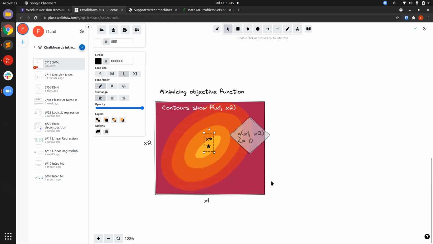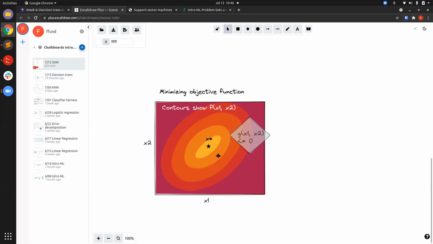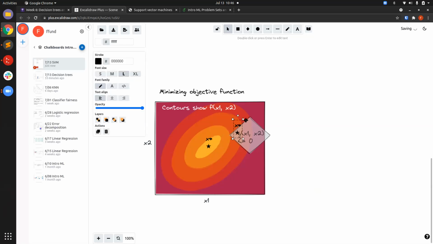Is this a valid solution now? Okay, so this star is not a valid solution because it's not inside the feasible set. What about this star? Would this star be a good solution?